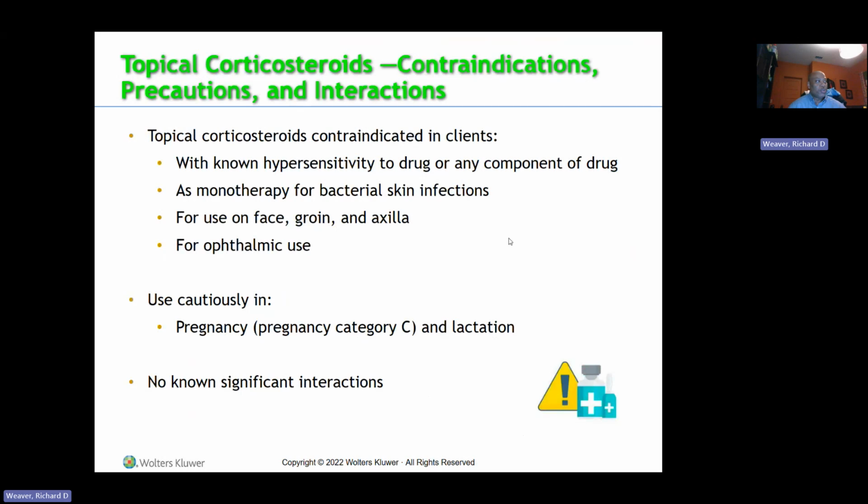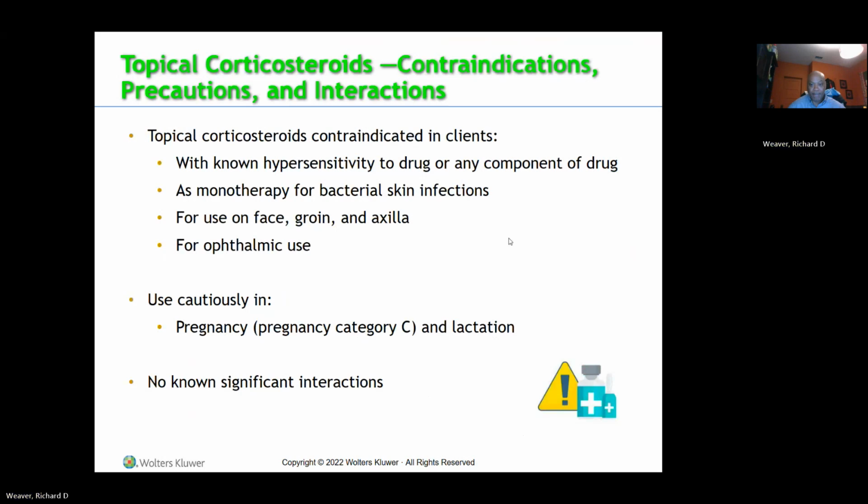You also do not want to use these medications on the face, on the groin area, as well as the axilla area. These areas are highly vascular, and they can absorb the medication much faster. And also, we do not use it for ophthalmic use. So for the eyes, we do not put this medication in the eyes.